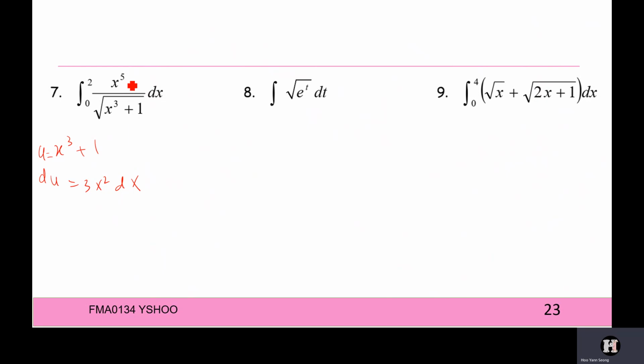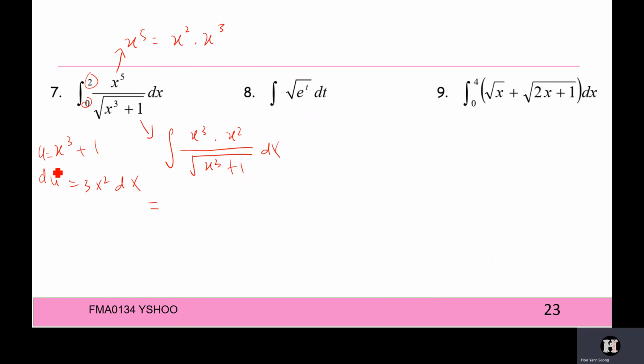But now you can tell me, it is x power 5, but here is x power 2, okay? Recall, x power 5 is x power of 2 multiplied by x power of 3. So now this one will become, we just ignore the limit first, integrate x cubed times x squared divided by square root of x cubed plus 1 dx.